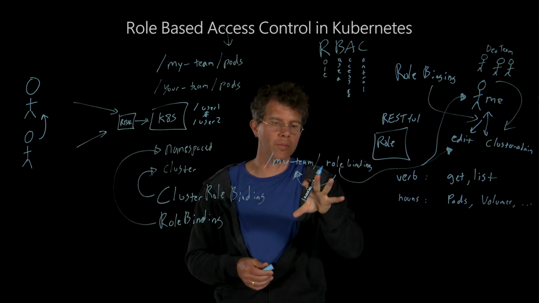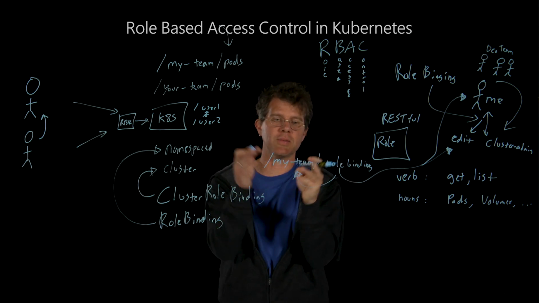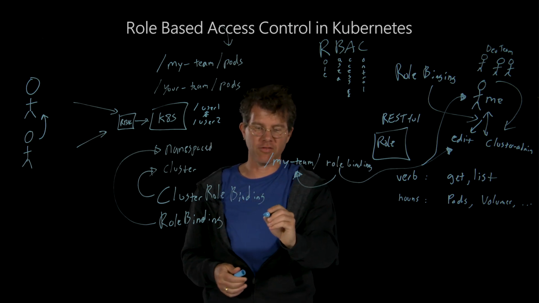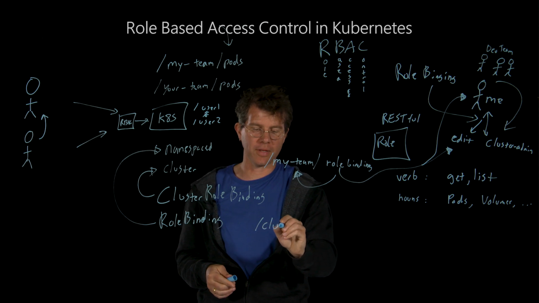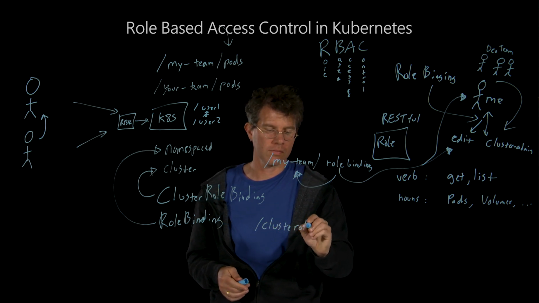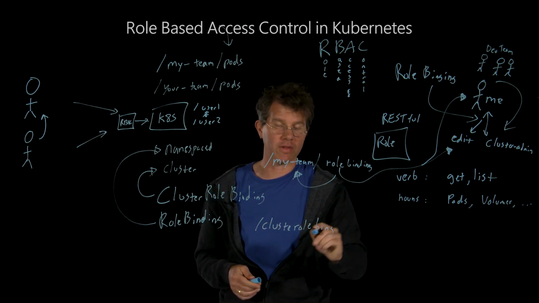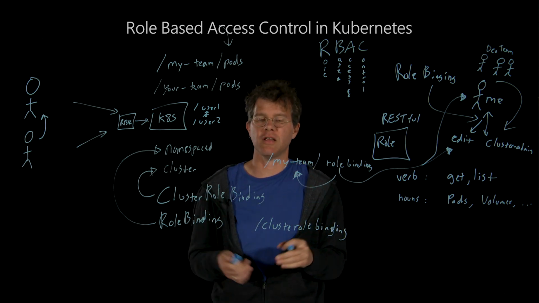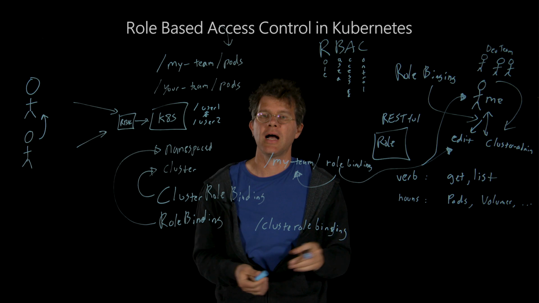So the fact that the role binding exists within the context of this namespace defines the scope for that role binding. If I instead gave myself a cluster role binding at the top level, it would provide me with access to the entire cluster.